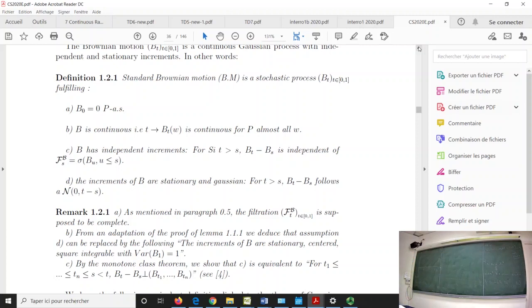Okay. So if I want to plot one realization of BT2, I just have to generate N(0, T2). And this N(0, T2) may be generated from N(0,1). I can write it as the square root of T2 times G1, where G1 follows N(0,1).